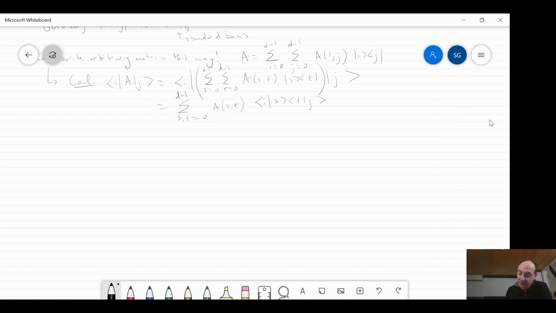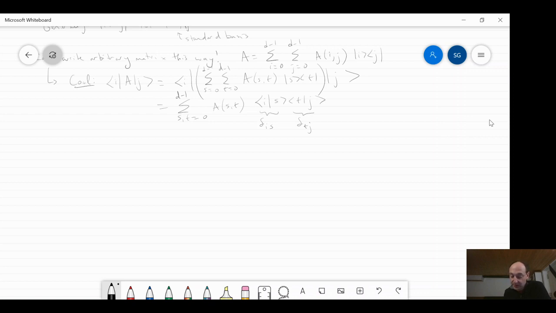So you have to be a bit careful, but in this case, it's completely fine. Okay, and so what is this? These are both standard basis vectors with potentially different labels. And remember, the standard basis is an orthonormal basis. So each of these is going to be a Kronecker delta that goes to 0 if these two indices mismatch, and if they match, it goes to 1.